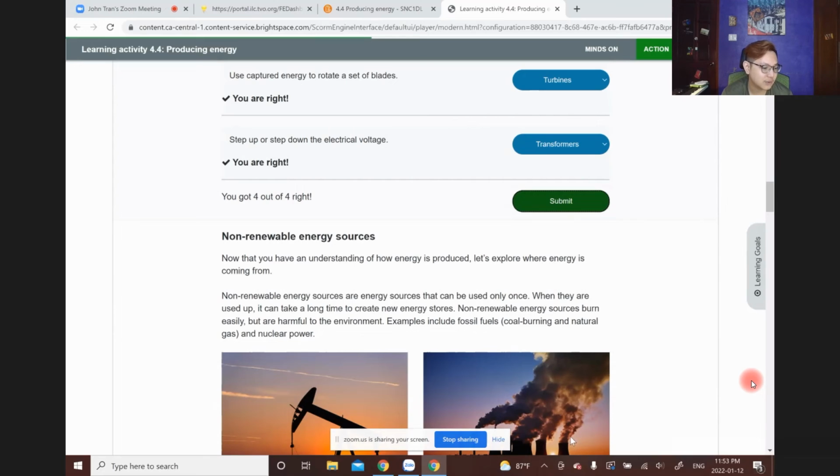Because if it gets out, it might pollute the environment so badly that nothing could live for decades, maybe hundreds of years. So that's why nuclear power is very dangerous too. Literally nothing could live.